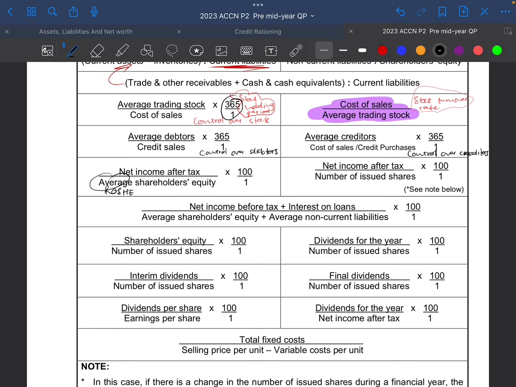The net income after tax over the number of shares issued. Like I said, just take some time, and if you feel like you're confused, okay, net income after tax, what's that? Now you know net income after tax, it's net profit after tax. Same thing. Over the number of shares issued. So here they are distributing the net profit after tax over the number of shares issued.